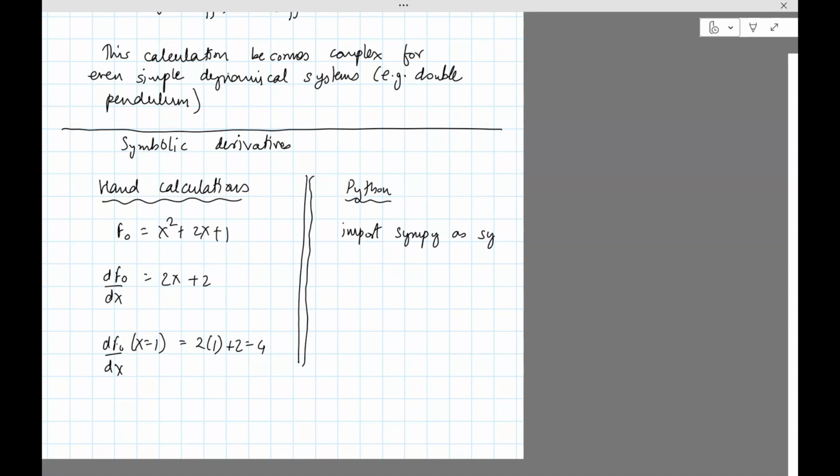I need to tell Python that I'm going to create a symbolic variable x. Symbols, this is the syntax. x, you put real equals true.